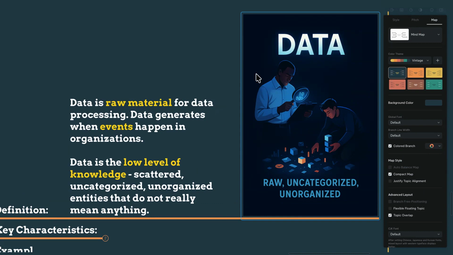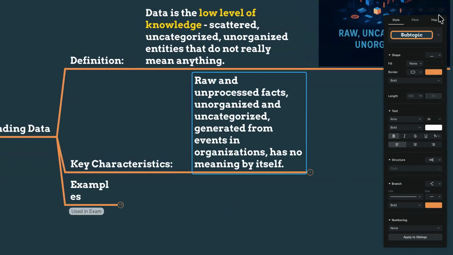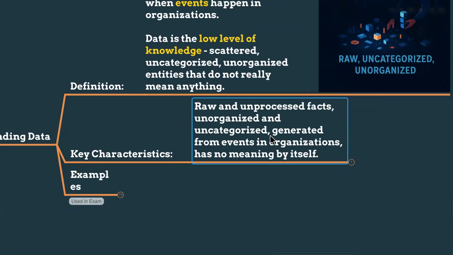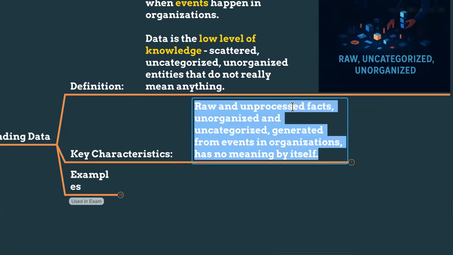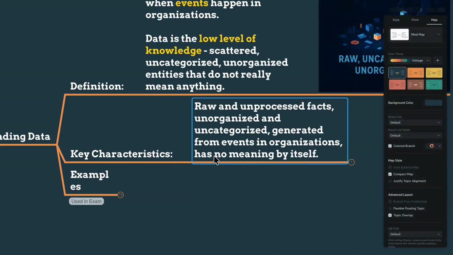That's information. Right. So let's proceed with the key characteristics of data. It's very raw and unprocessed facts, unorganized, uncategorized, generated from events in an organization, and has no meaning by itself. That's very important.